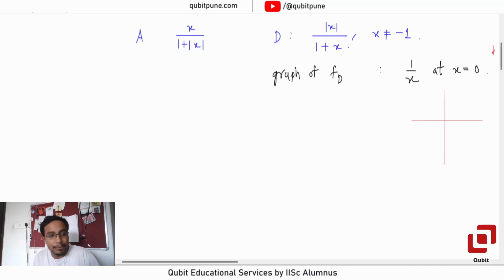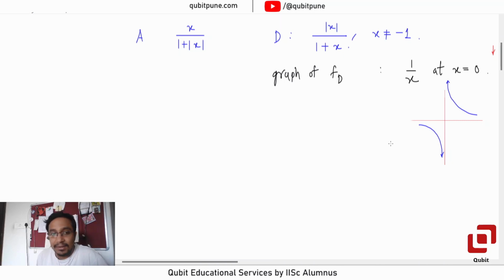If you approach it from the right, you will get extremely large numbers. If you approach it from the left, you will get extremely large numbers in magnitude but negative in sign. Something similar is expected from D also.